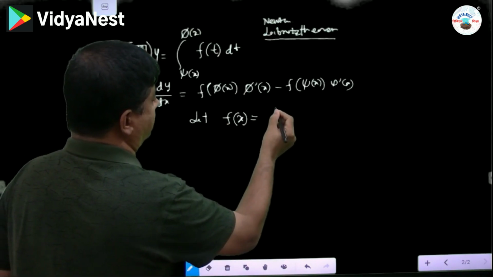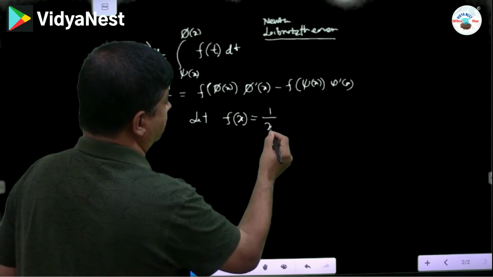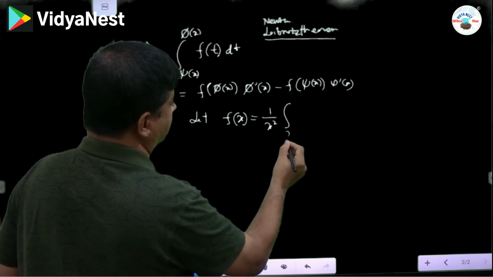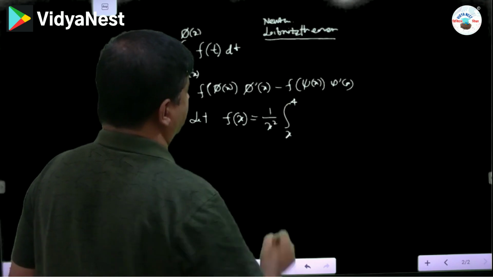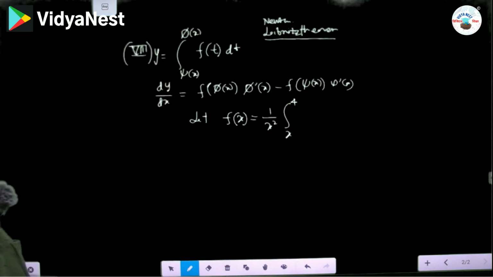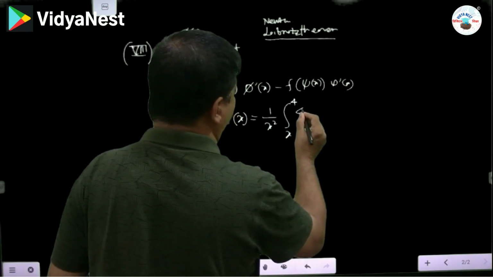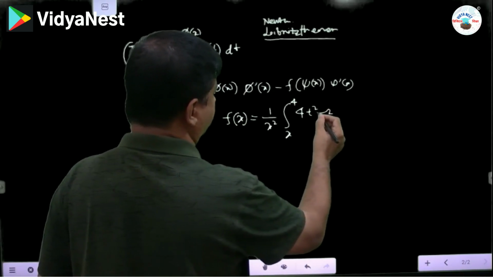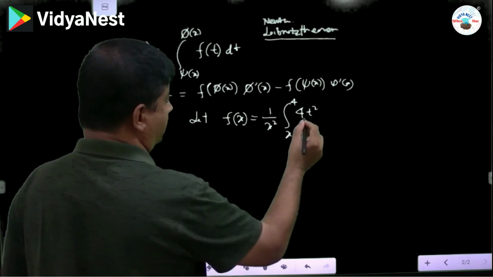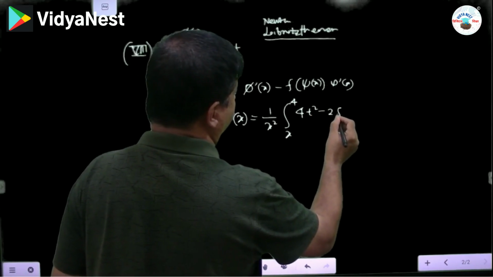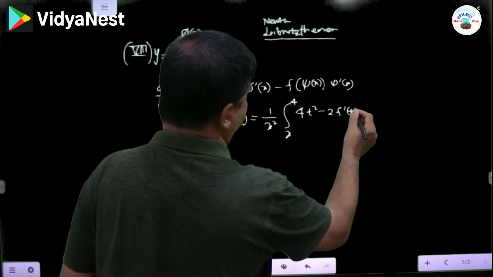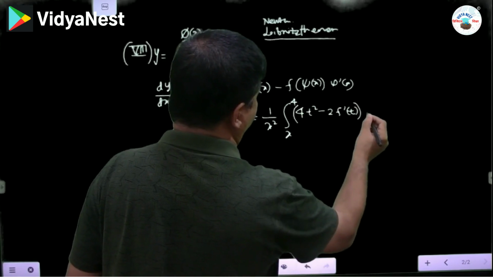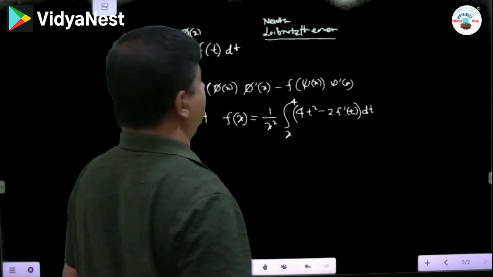f(x) is equal to 1 by x square, lower limit x to 4, that is given.